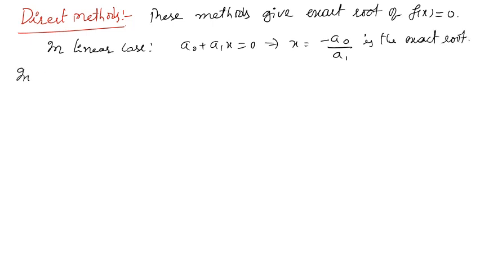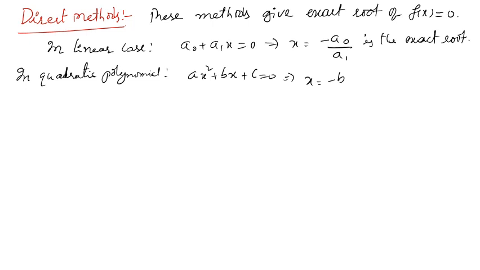In the quadratic case, second degree polynomial, ax square plus bx plus c equal to 0 means x equal to minus b plus or minus under root b square minus 4ac over 2a. These are the direct methods, simple; up to quadratic equations only, a direct formula is available.